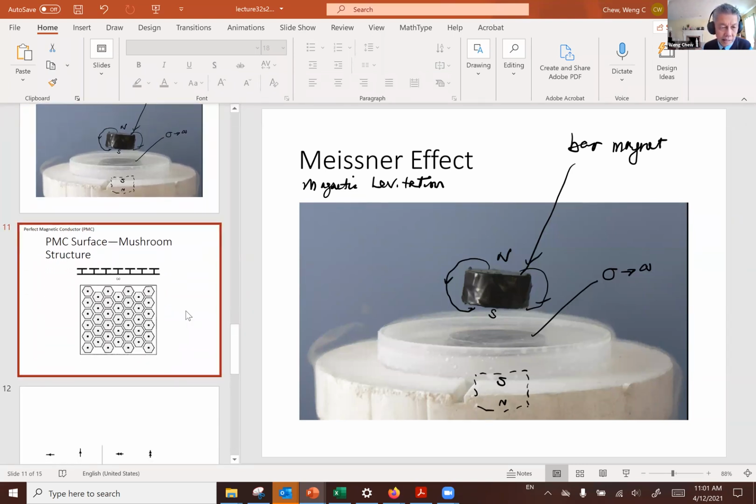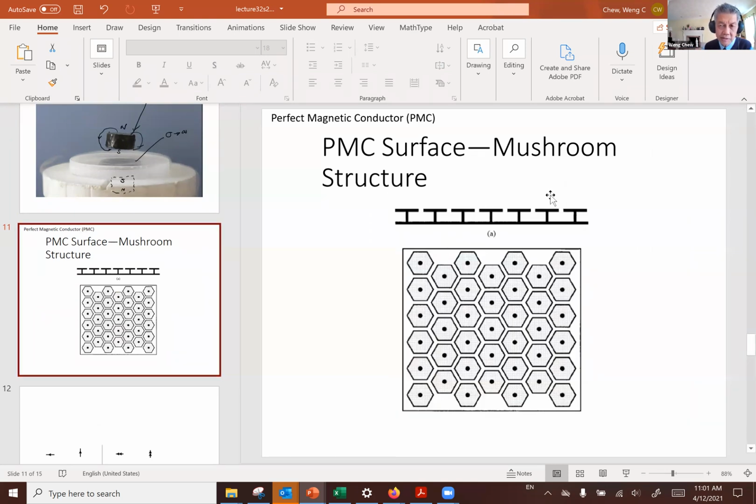So let's talk about PMC surfaces or mushroom structures. PMC surfaces will look something like this. There's no real PMC surface, but we can mimic a PMC surface. And how do engineers do that?